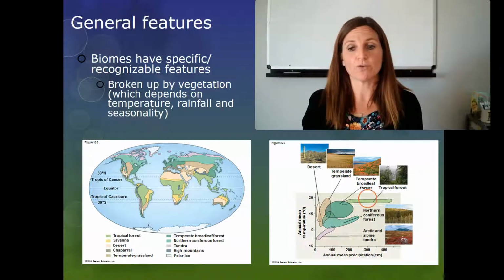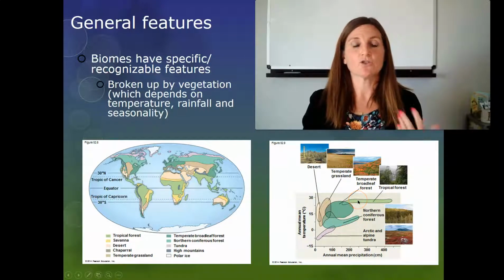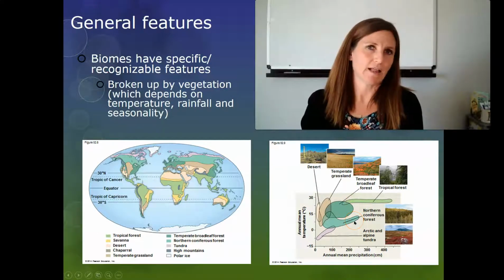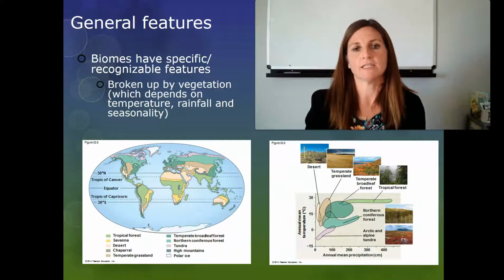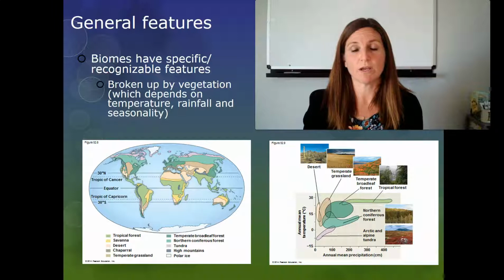For example, the northern coniferous forest over here might get 250 centimeters of annual rainfall, and so does the tropical forest, but it just depends on the overall temperature how we might classify it. So you have to look at both metrics, both the temperature and the rainfall. We'll be looking at those as we go through the biomes.